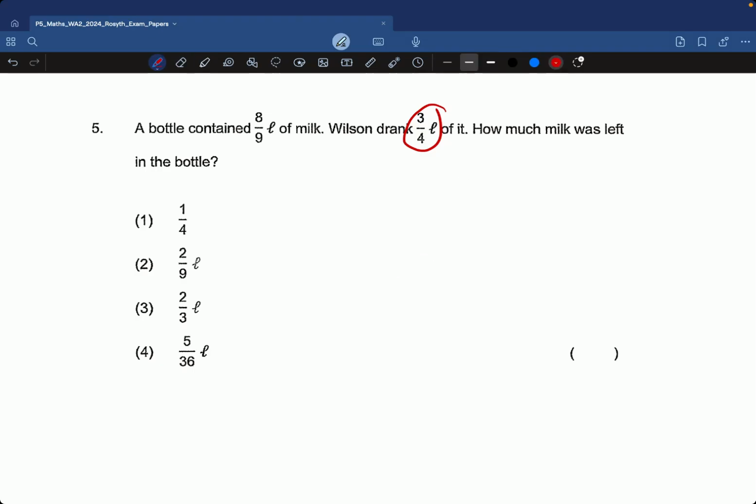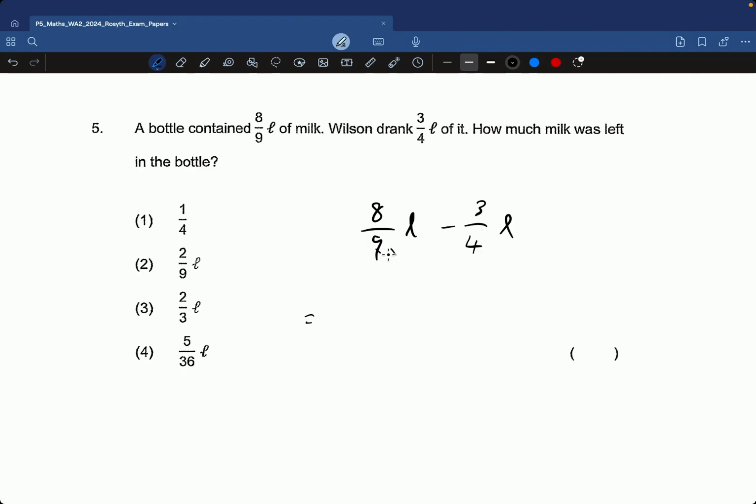Okay, so let me just erase this. It is 8 out of 9 liters minus 3 out of 4 liters. So what is the common multiple between 9 and 4? The simplest is you can just multiply them.